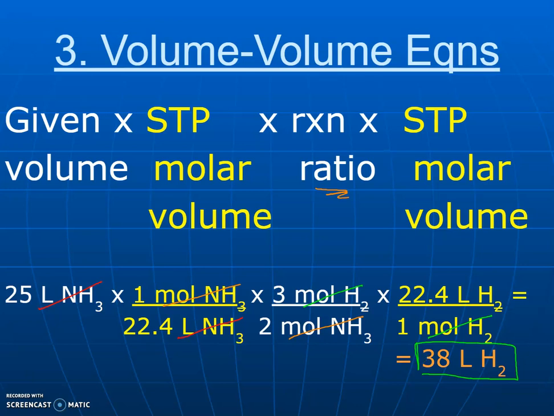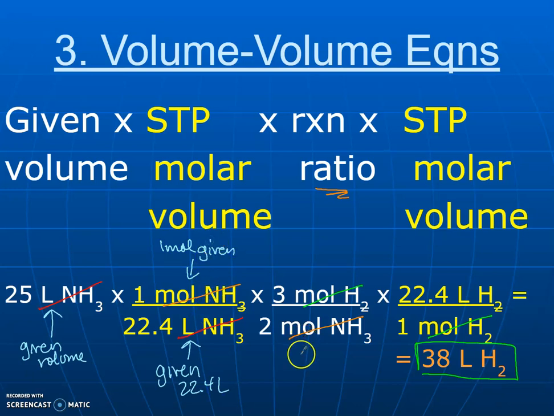All right, so little pro tips for you to remember. Your given will always be a volume and always go here. You will always see your given unit and 22.4 liters on the bottom, always 1 mole of the given on top in the second step right here.